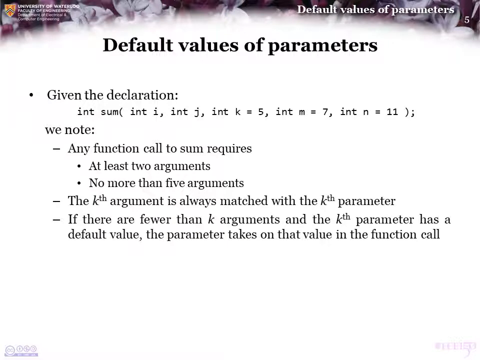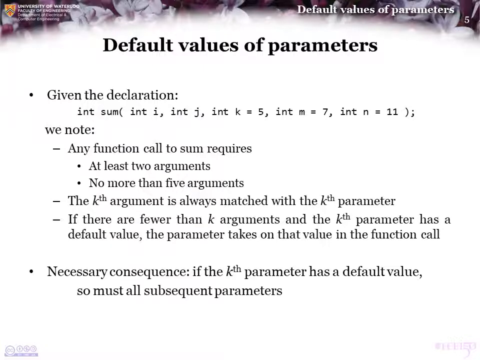If there are fewer than k arguments and the kth parameter does have a default value, the parameter takes on that default value when the function is called. Note, by this definition, it's a necessary consequence that if the kth parameter has a default value, then so must all subsequent parameters.